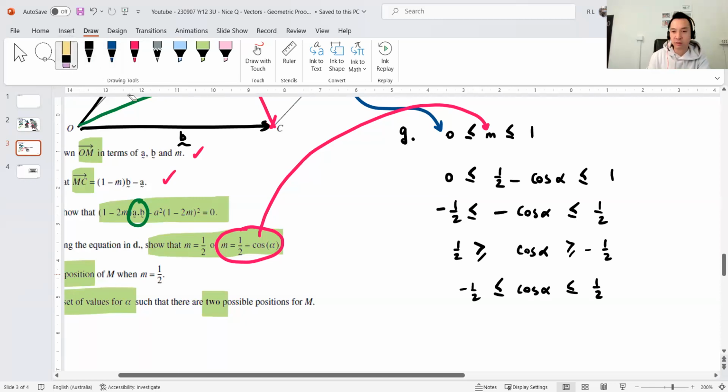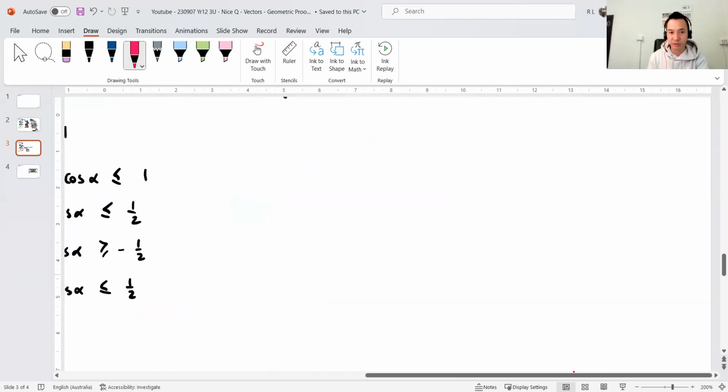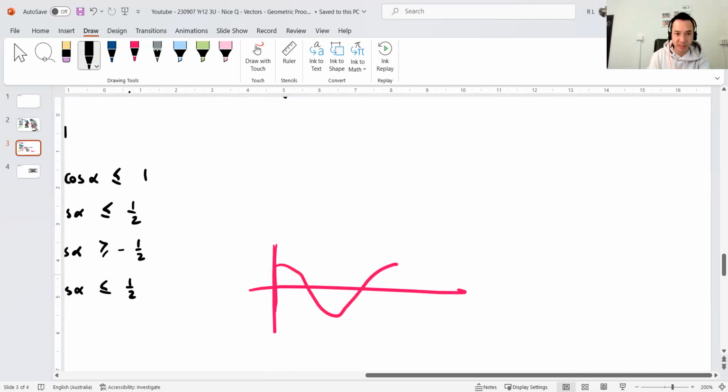that's basically saying alpha, I mean, if you think about the cos graph, just to really think about where this solution is, what does the cos graph look like? Now where's plus and minus half? Normally this is 1, this is negative 1, this is y equals cos x. So half is there, and negative half is there.